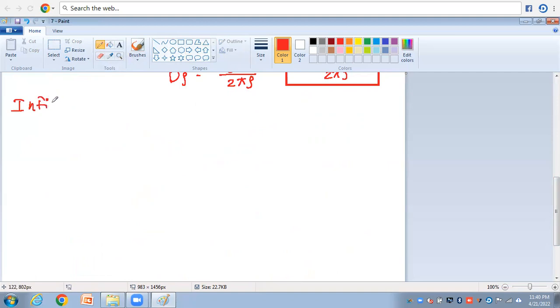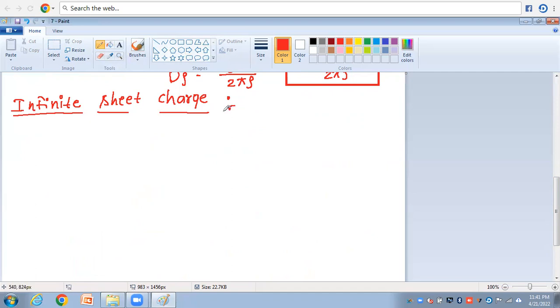Doing all the mathematical calculations, we derived D bar of this sheet charge. This is also a very, very important discussion about two Gauss law applications.